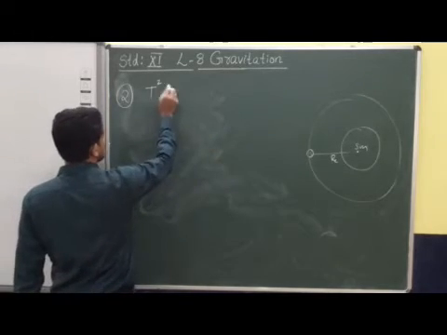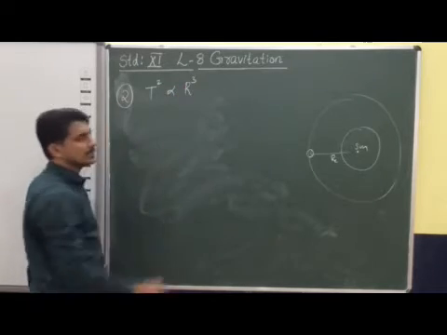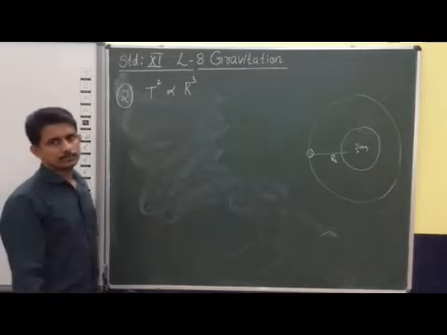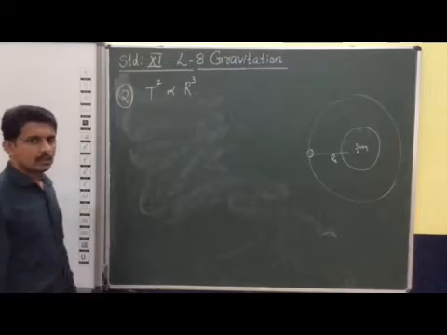T square is proportional to r cube. By using this formula we can solve this question.